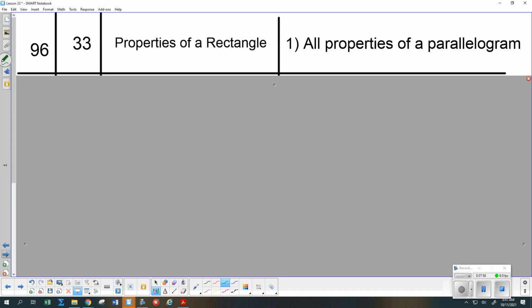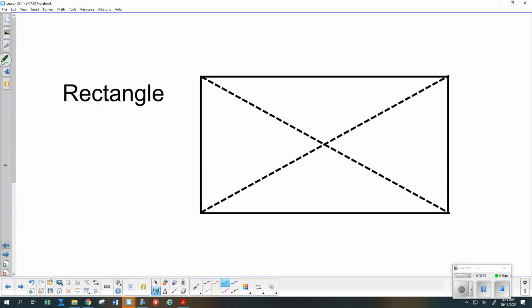All of those things that we just wrote down. The opposite sides are congruent. The opposite angles are congruent. The diagonals bisect each other. Consecutive angles are supplementary. That is all also true. But we have a couple of extra things. We have the definition of the rectangle, that it was a parallelogram with 1 right angle.